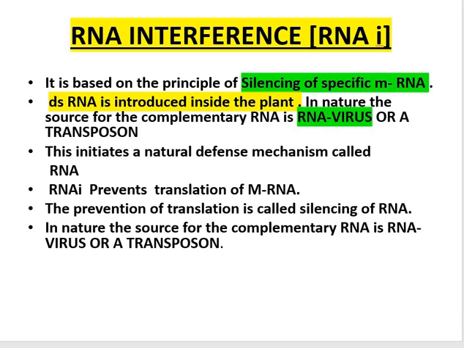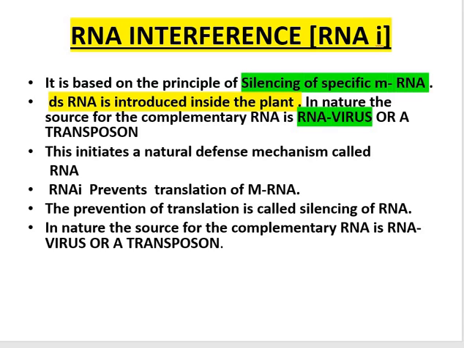As soon as this double-stranded RNA infects the plant, the plant's defense mechanism is activated, and this defense mechanism is called RNA interference or RNAi. Now, this RNAi activation results in production of certain proteins, and because of which the RNA becomes non-functional.